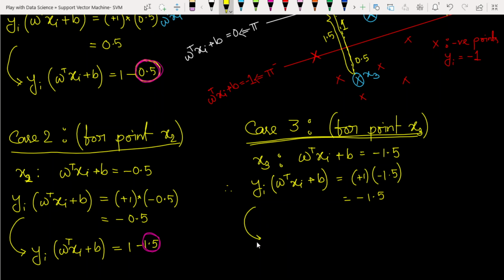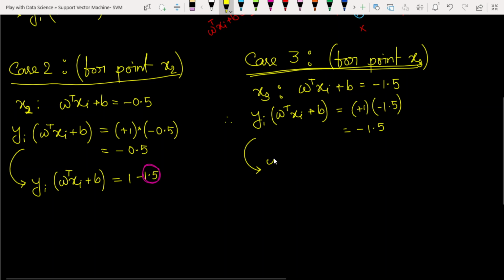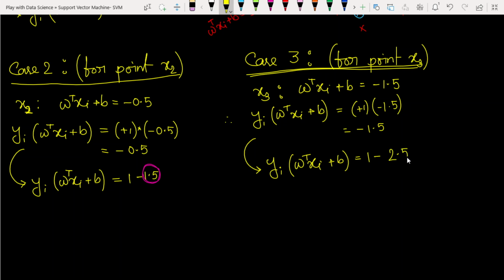I am writing this as 1 minus 2.5. I am using the circle because this is important.